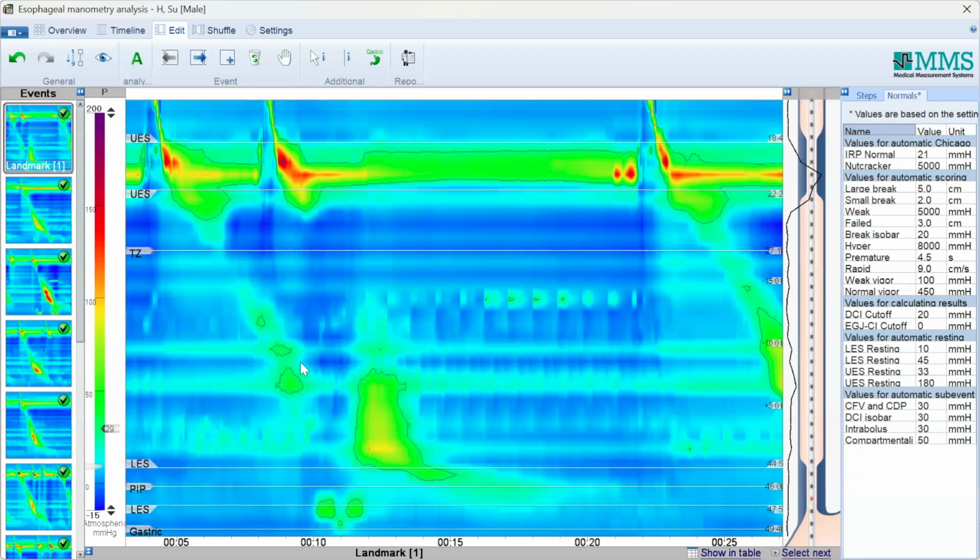Yes, good question. To explain it easily, it is like the insertion of an NG tube. We have some KY gel, that's all. No need to put any anesthesia or lubricant, because after we insert the probe, we will ask the patient to swallow.